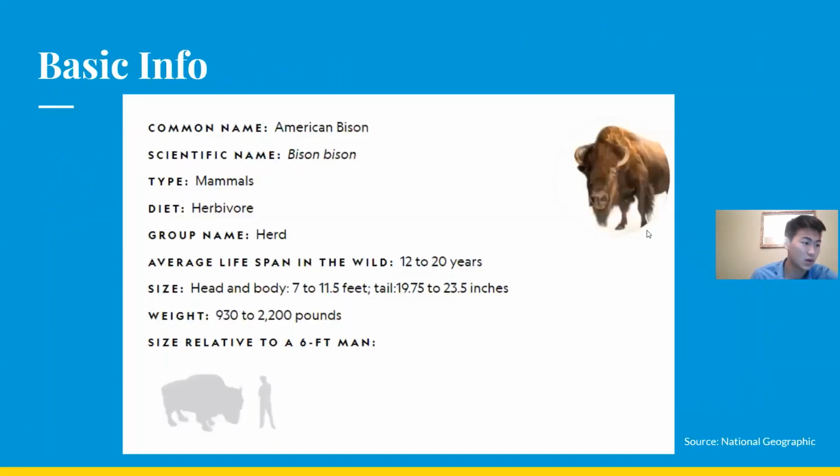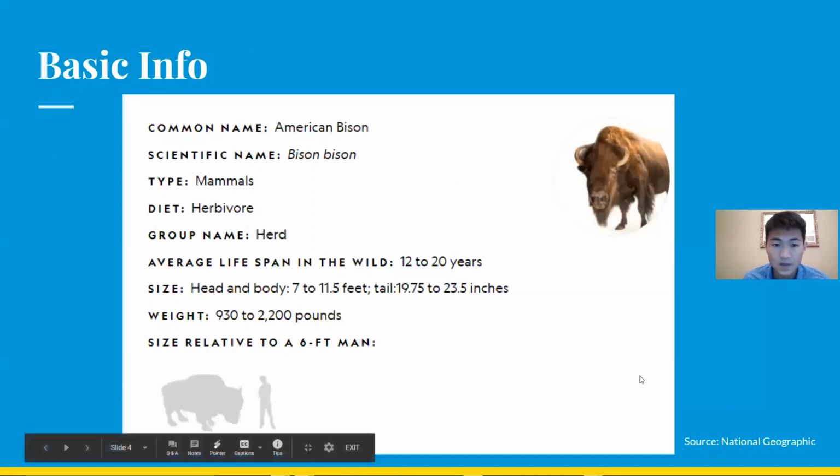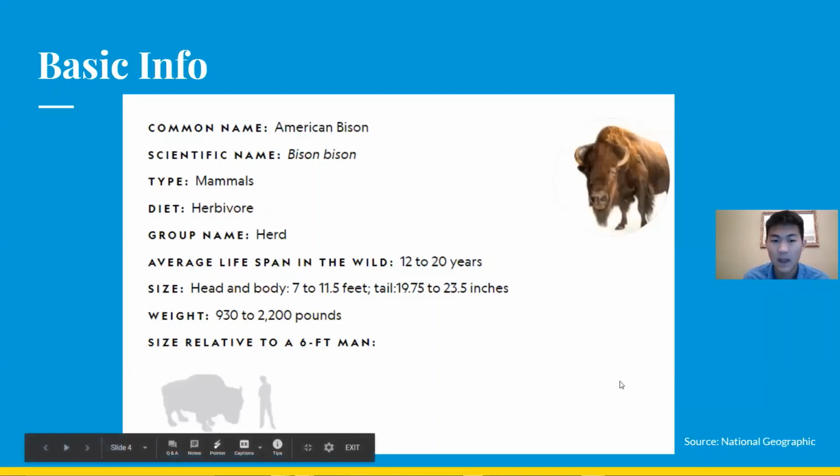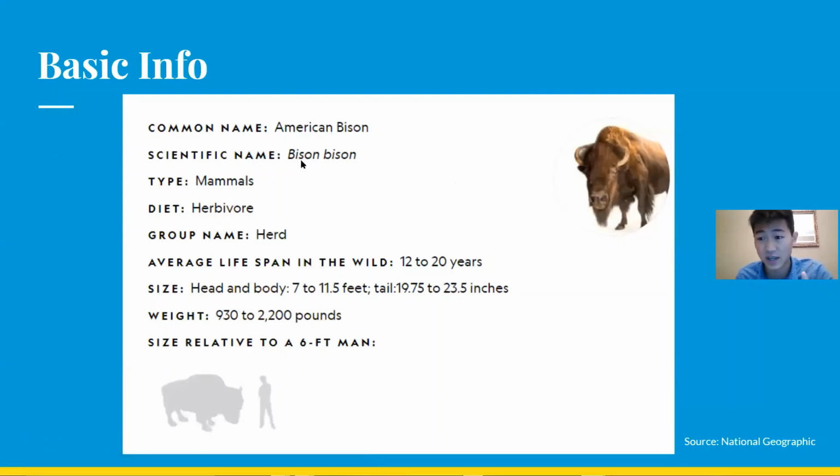Okay, so let's hop into some basic information about bison. The common name is the American bison, and the scientific name is Bison bison. That might sound a little weird, but it's called that because the first name is the genus name, and the second name is the species name.